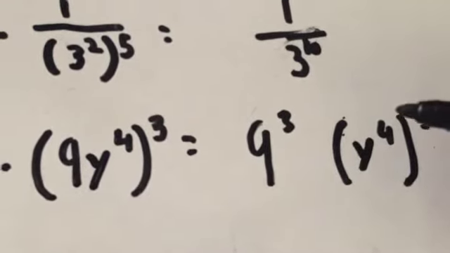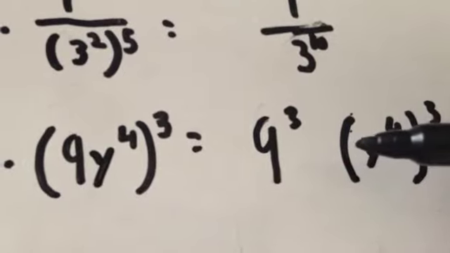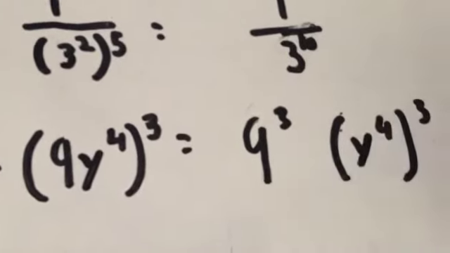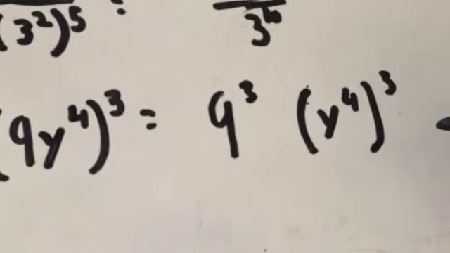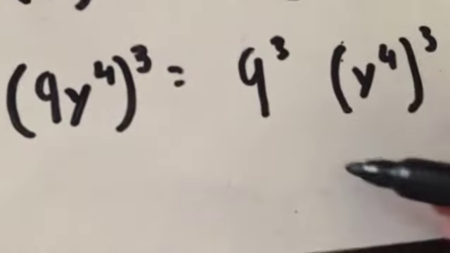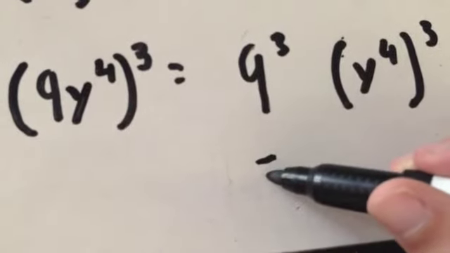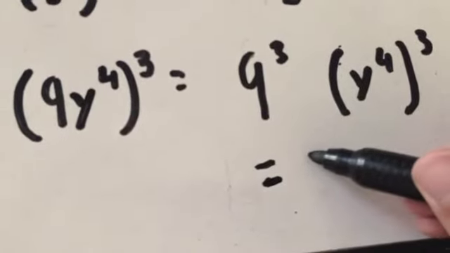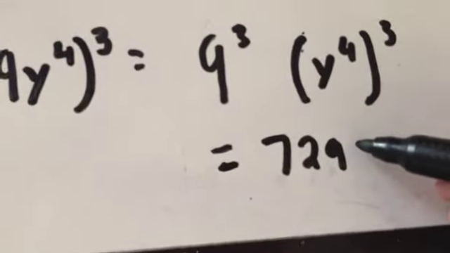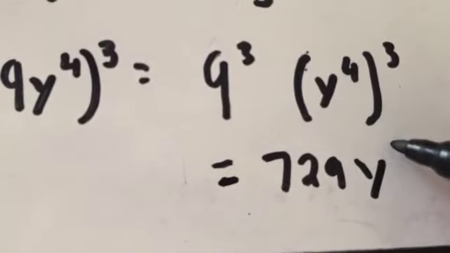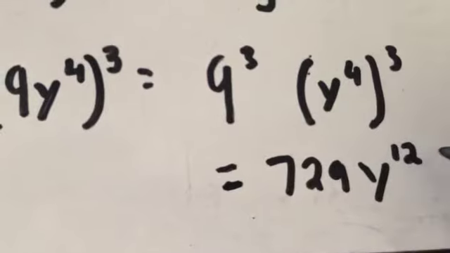So first you would work out what's 9 to the power of 3, which is 729, and this will be y to the power of 12. Putting that all together will give you 729y to the power of 12.